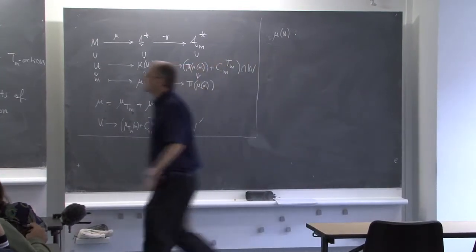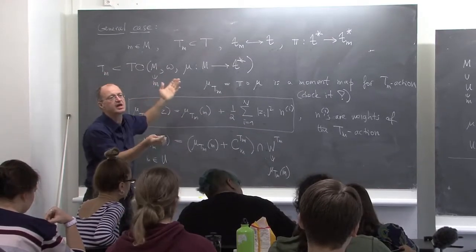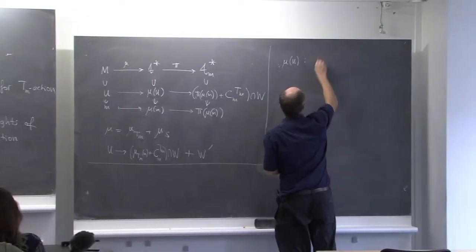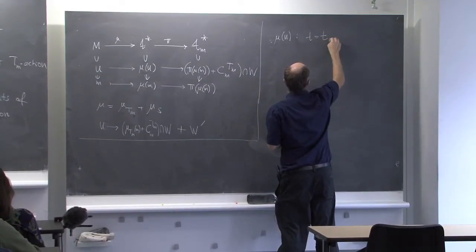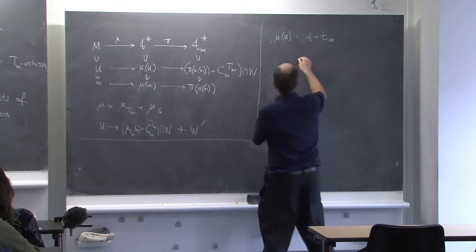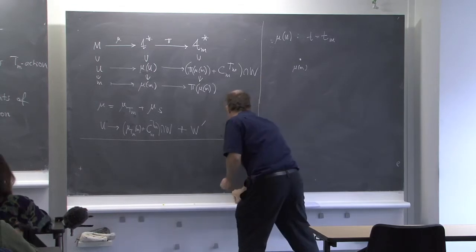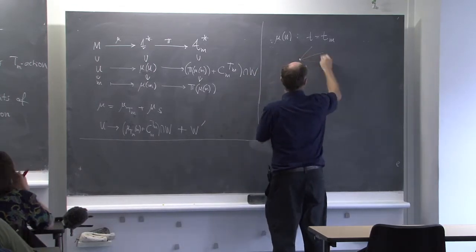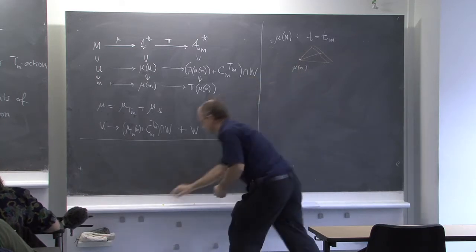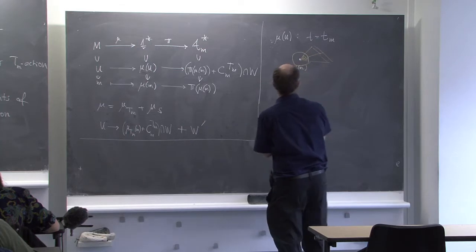Well, now it depends how big is Tm and how big is S. For instance, what we already saw, that was the case that T is equal to Tm. So then we have mu of M, and we have this kind of polyhedral cone, and we are taking a tip here. So that's the image.